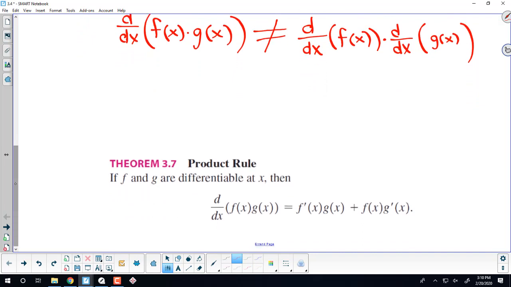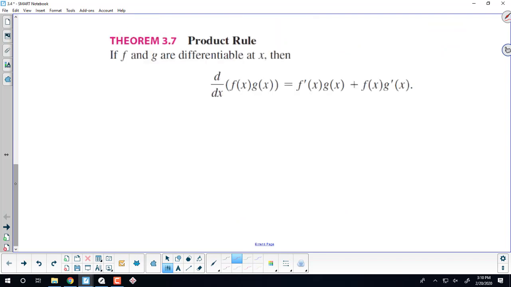So the product rule is in Theorem 3.7. To take the derivative of the product, we have f prime times g plus g prime times f. And usually, there's a couple of ways to remember these quickly, I guess, or mnemonically. So you have a factor 1 and factor 2 times each other.